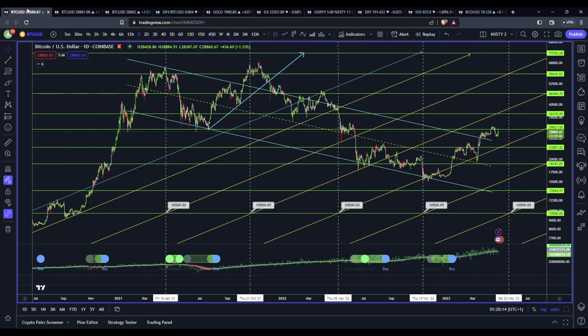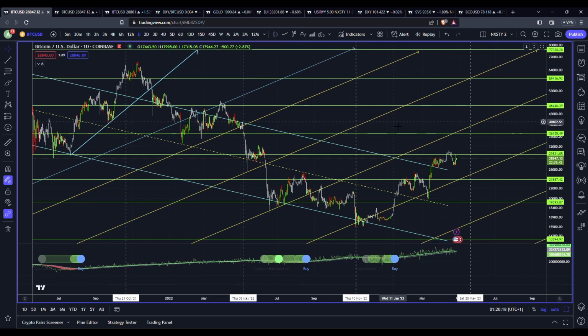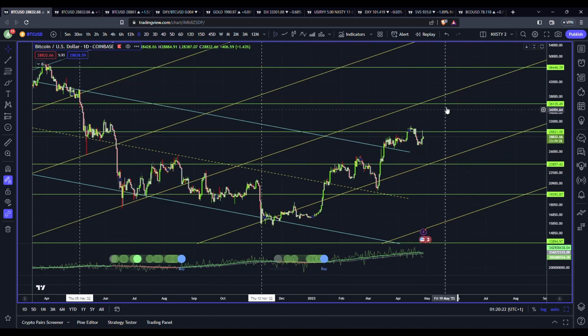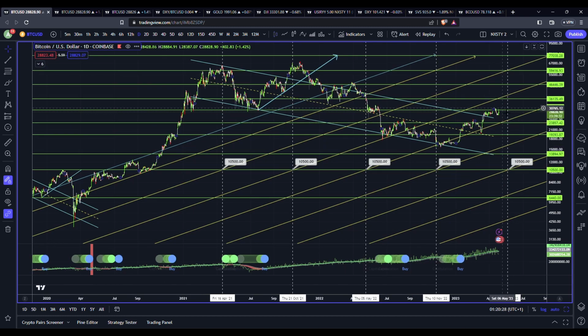That's why we want to keep looking at these particular levels and see what's going to happen during this event, especially this event on this date, how the price is going to look, if we're going to go sideways and pump, if we're going to correct.